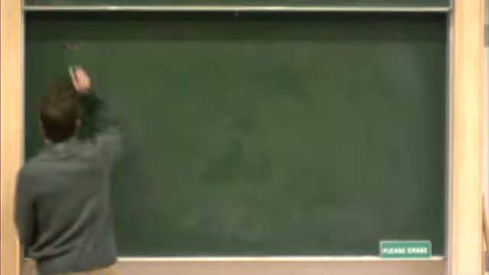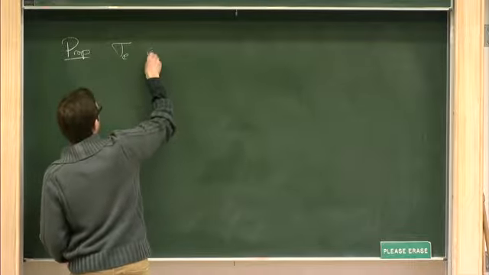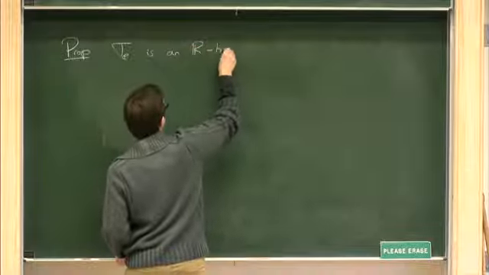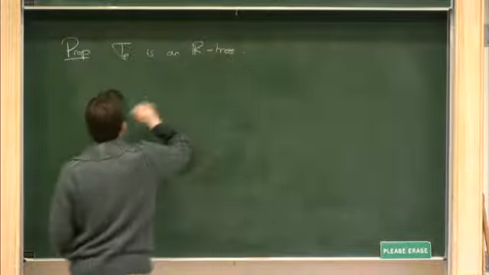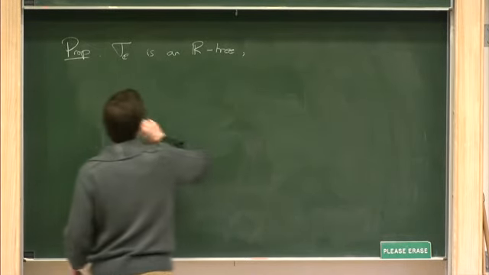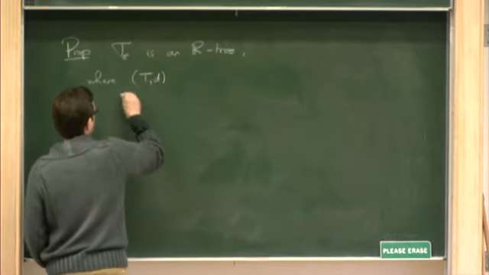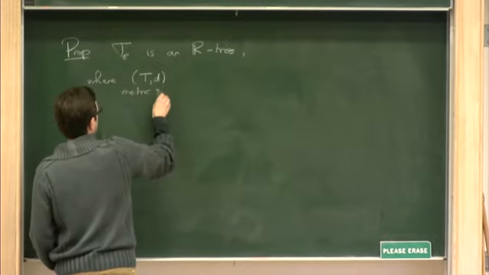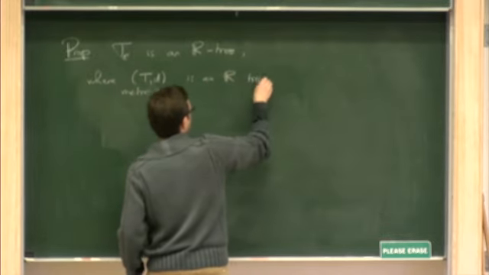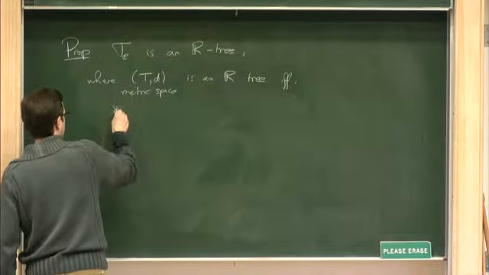However, so, proposition: T_e is a real tree, or an R-tree. Well, okay, maybe I should have given a definition before. So, a metric space T is an R-tree if and only if I have two properties.